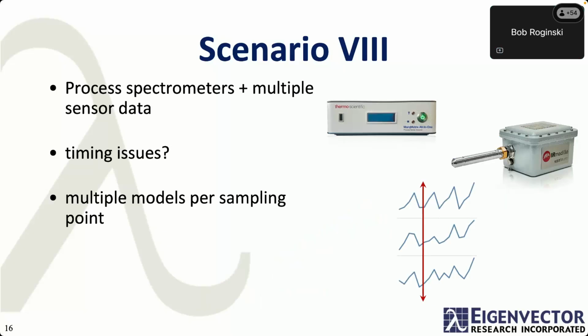This, of course, is an increase in complexity. Now you have to get data from different sources and combine them properly. You may have timing issues. If I were to replace one of those spectrometers, which can have cycle times, let's throw out there, from 10 seconds to maybe a couple of minutes, with an NMR spectrometer, well, the NMR spectrometer might require successive measurements and integration times that are quite a bit longer.